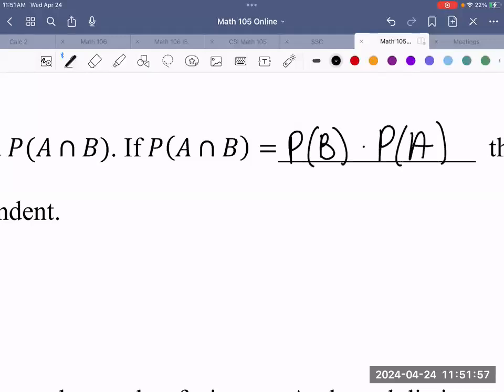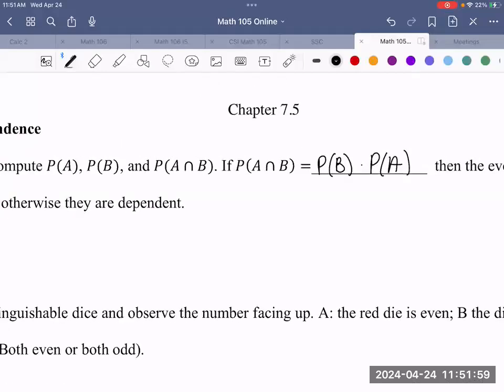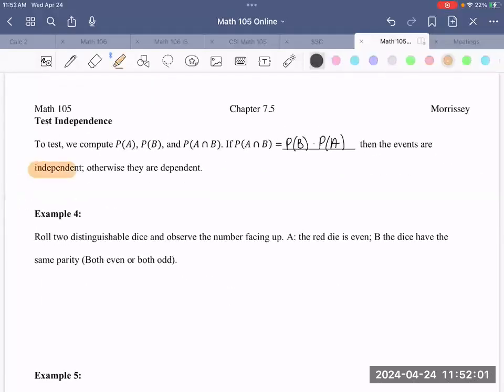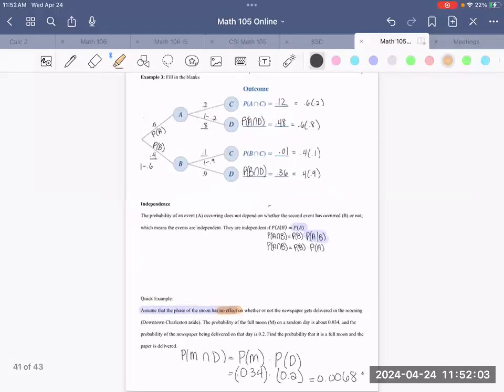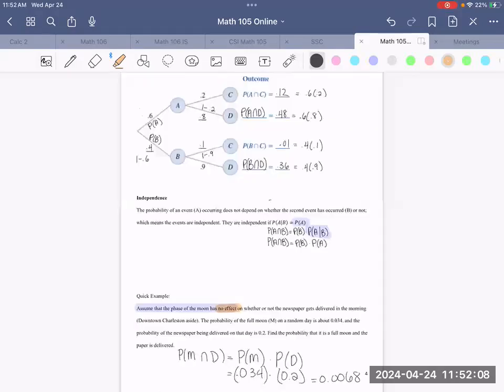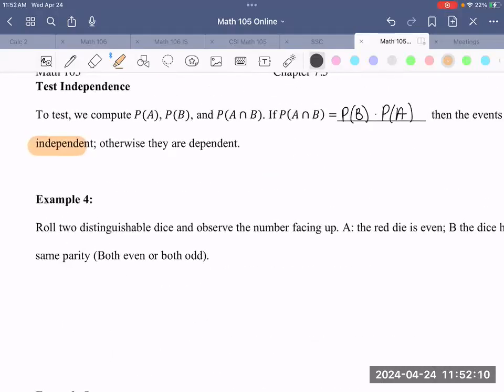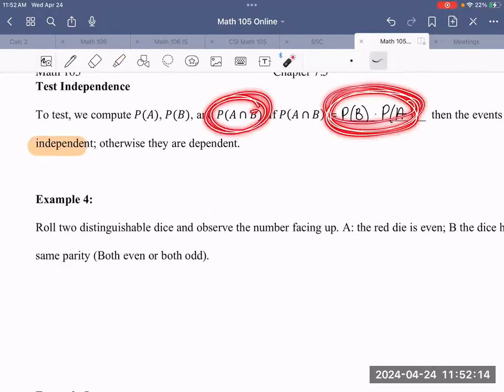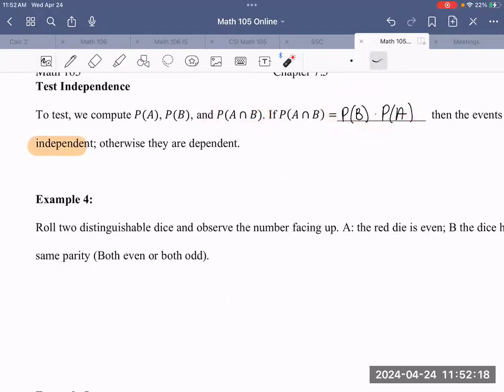If they come out equal, then the events are independent, and we can multiply them together. If those values are different, then we can conclude they are dependent on one another.